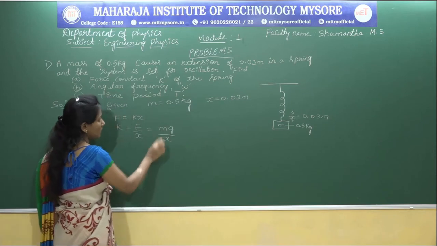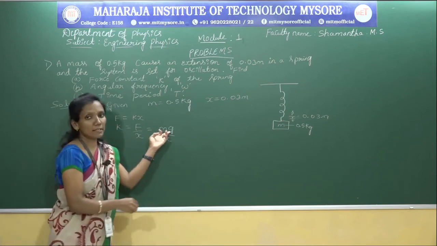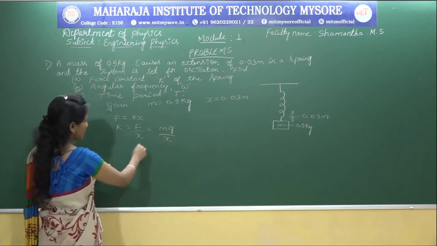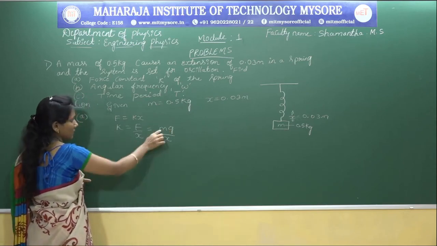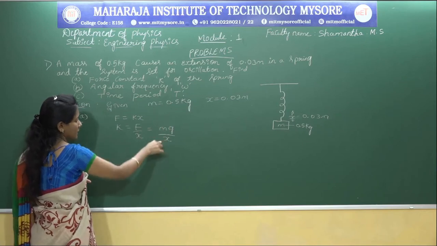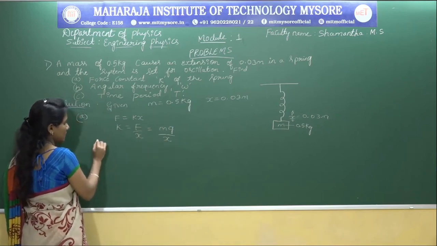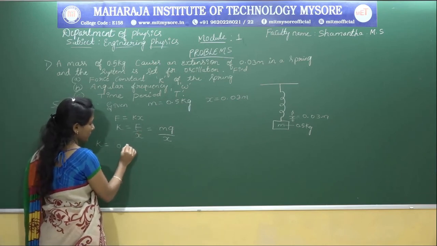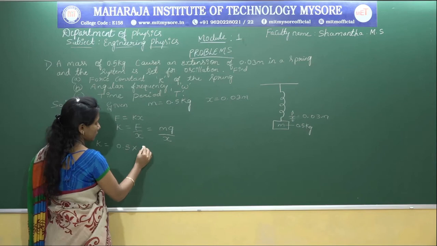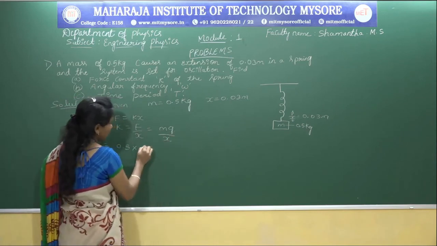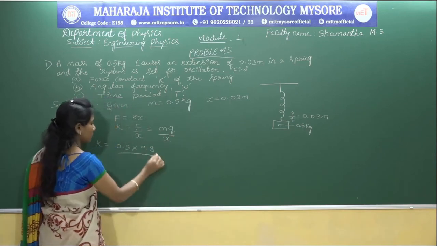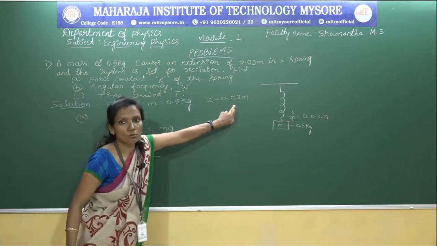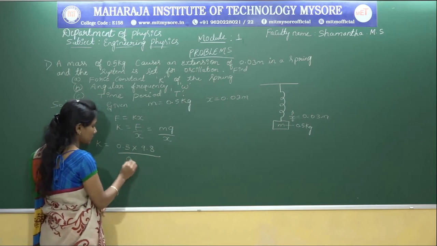The value of g is 9.8 meter per second squared. So K is equal to mass 0.5 times 9.8, divided by the extension x, which is 0.03 meter.